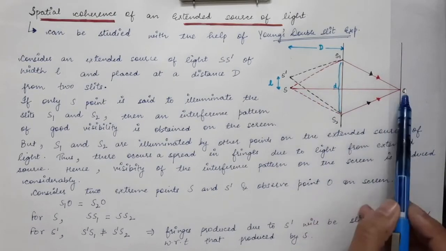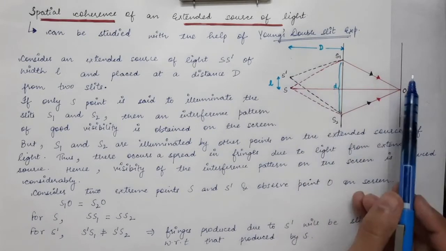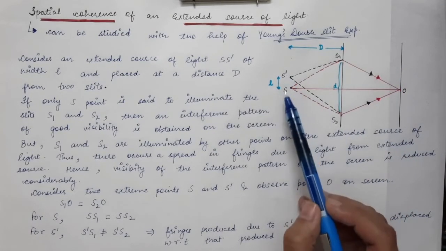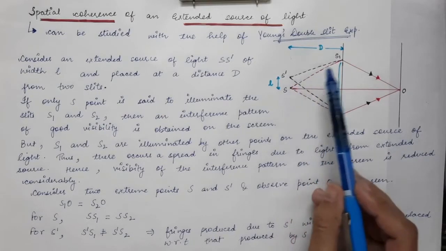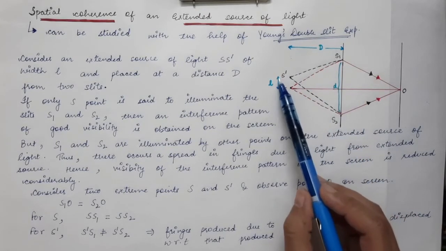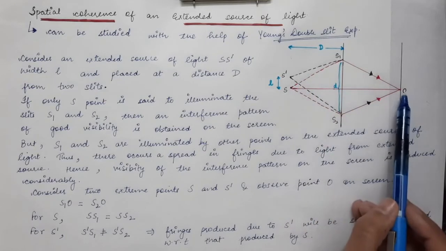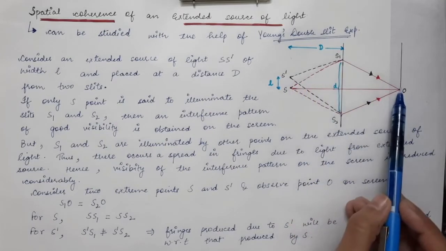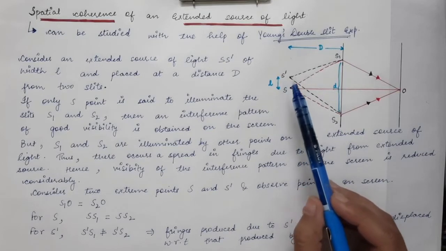So due to S point we will have a bright fringe, and S prime point will also make its own interference pattern, because we have already said that S and S prime are independent sources, independent of each other. So S prime point will make its own interference pattern on the screen, and we have kept this distance L in such a manner that the type of fringe at O point due to S prime point source is a dark fringe.